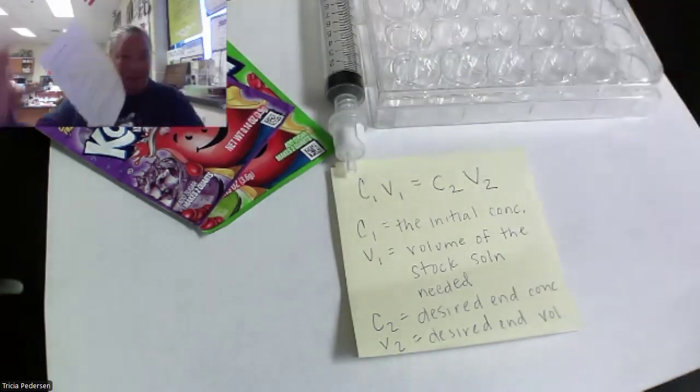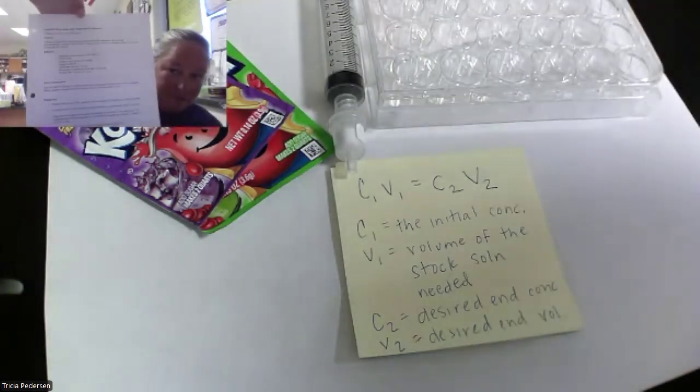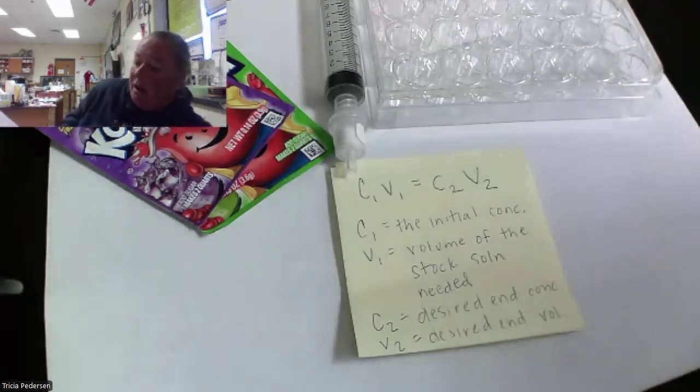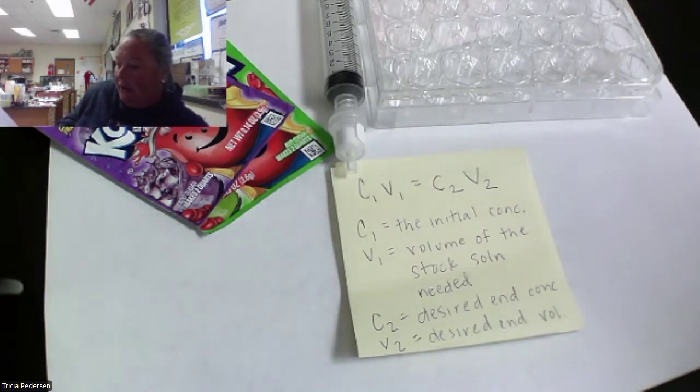Does everybody find this sheet? Yes. Okay. So if you look down, it gives you the purpose. So we're going to be doing chromatography. We're going to separate molecules based on their polarity. And then it gives you the materials.